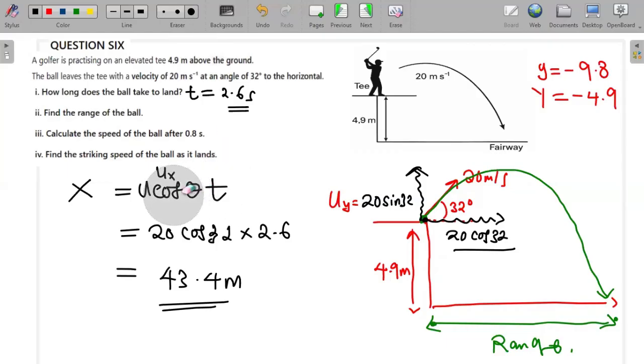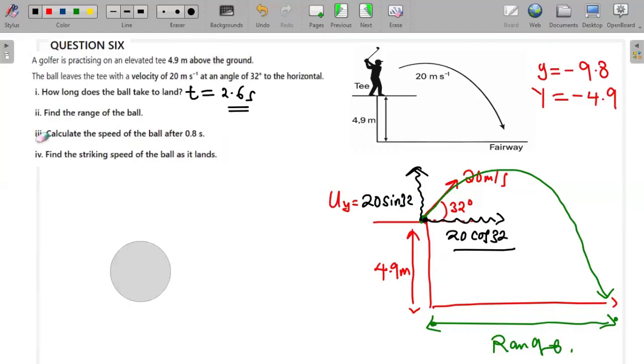And then we go to the next question. If you have any questions, just ask. So this next question asks us to calculate the speed of the ball after 8 seconds. As the ball moves, when the time reaches 8 seconds, they want us to calculate its speed.